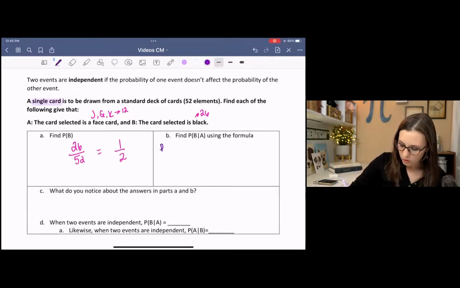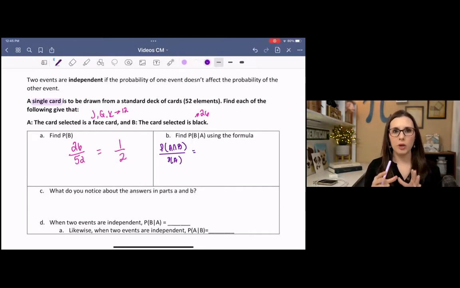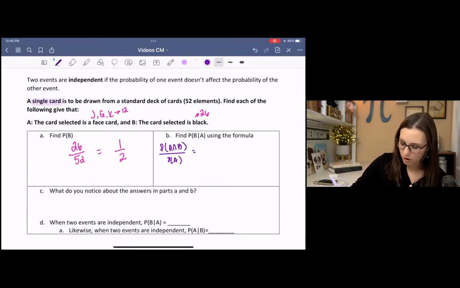So I do the intersection over the second letter, the intersection of black cards and face cards. If we just look at the face cards, how many of the face cards are also black? 6 of them. There's 12 total, and half of them are black.